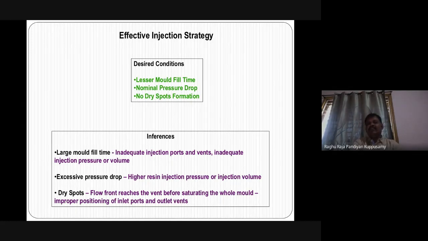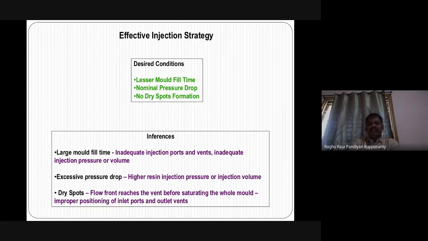Then, very important, I should not have any micro void or macro void, because it's a closed mold. Once the product is made, if there are any dry spots, it will be rejected. Since it's a closed mold, I cannot predict by experience whether that mold will be saturated completely without dry spots. That's why simulation becomes a vital tool.